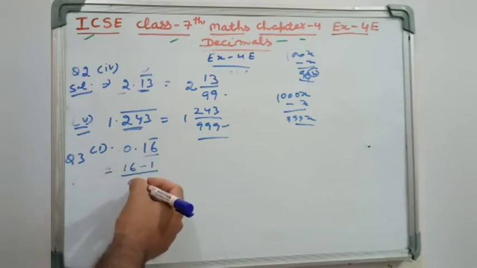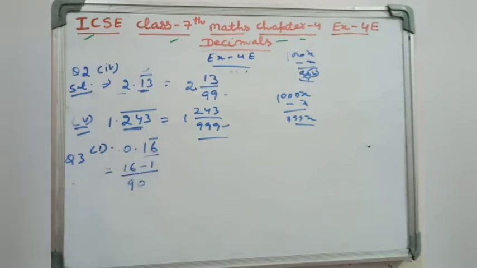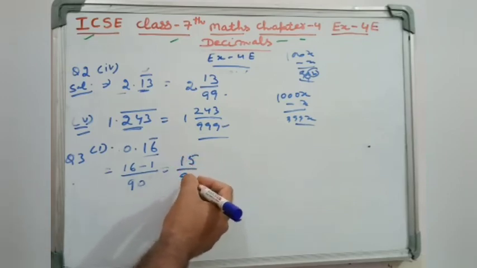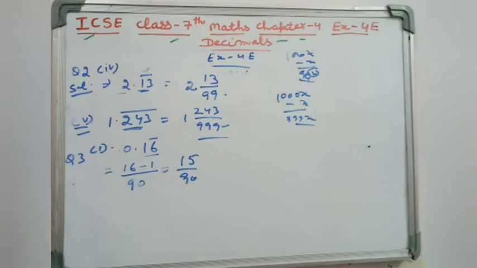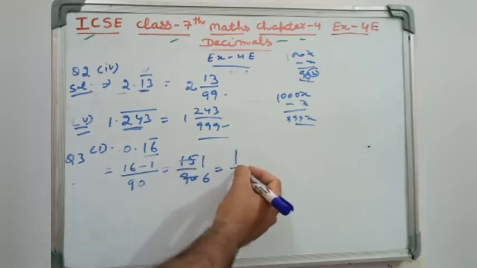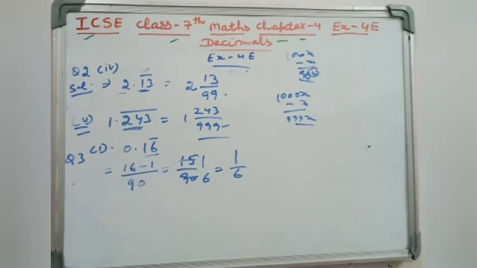We will make it 2 digits by putting 0 here. This is 15 upon 90, and 15 ones are 15, 15 sixes are 90, so 1 upon 6. This is our answer. Right, students?